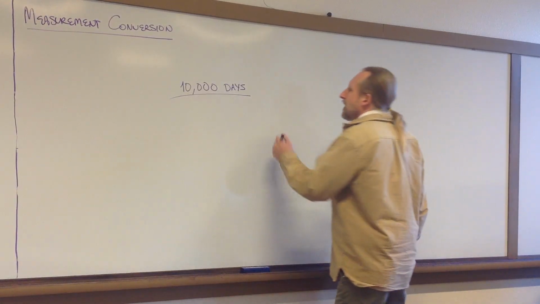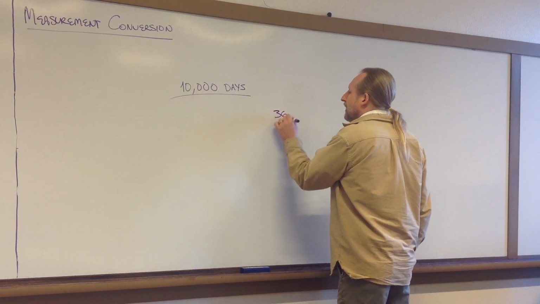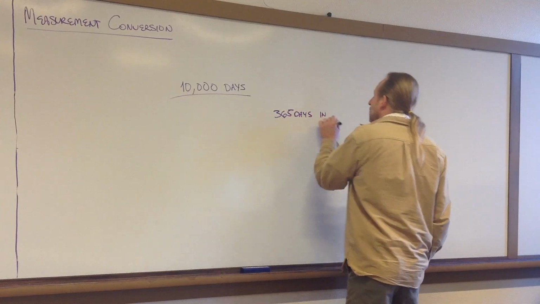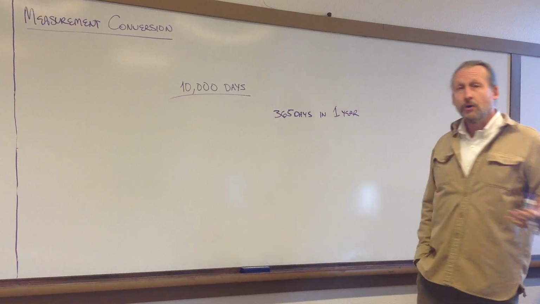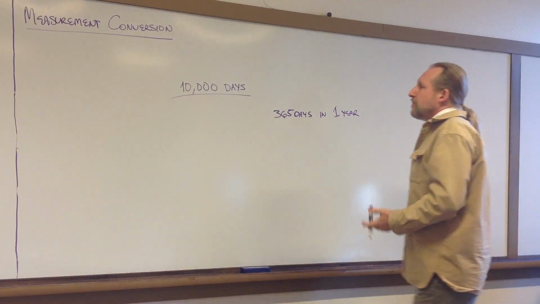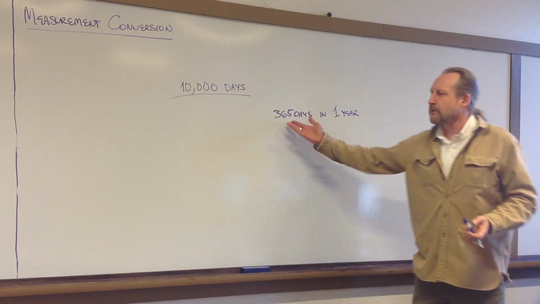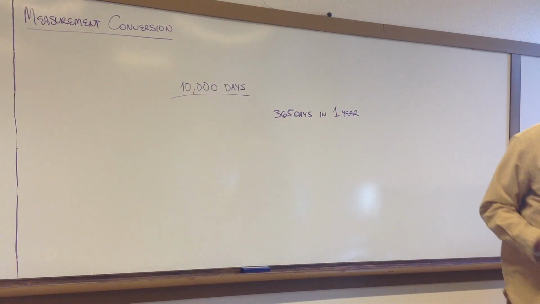Well, we can make a conversion. There are 365 days in 1 year, so we have to find out how many years are in these 10,000 days. We could use 365.25 if we wanted to.